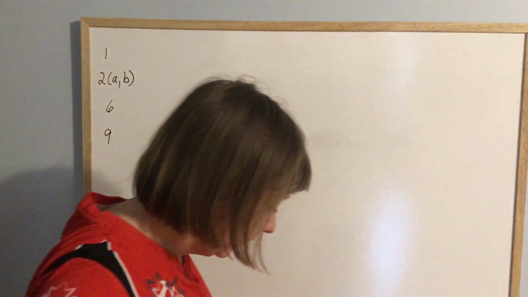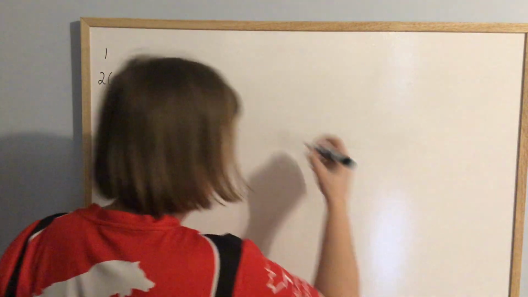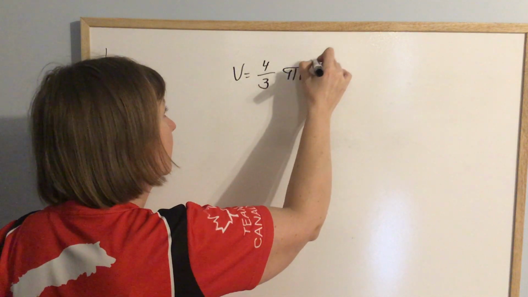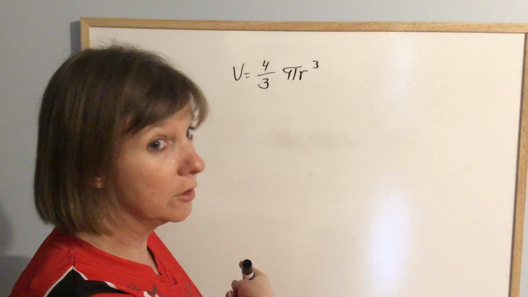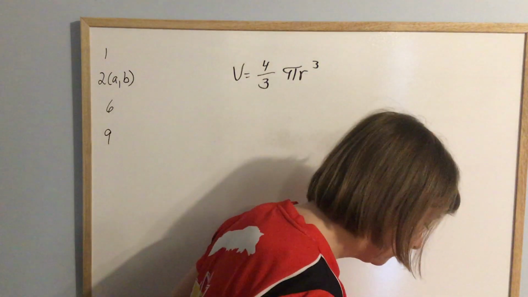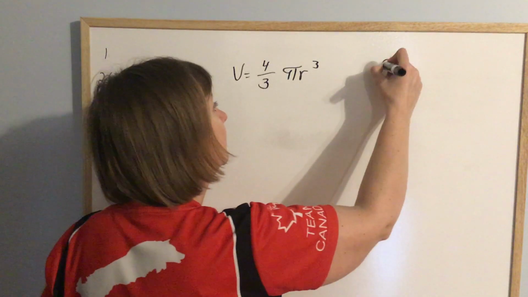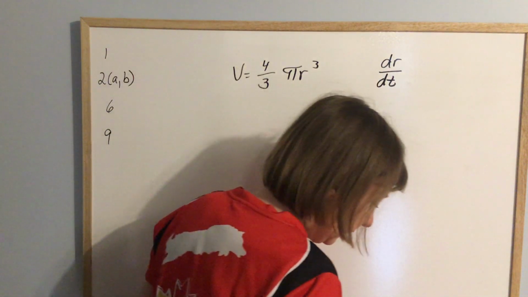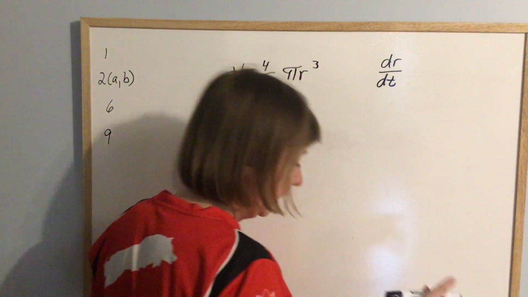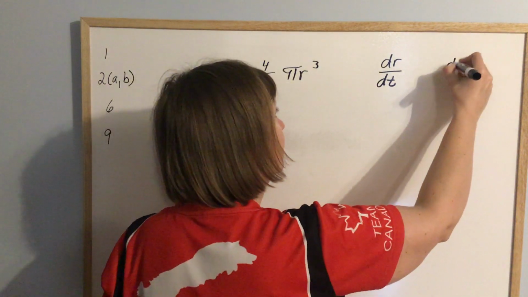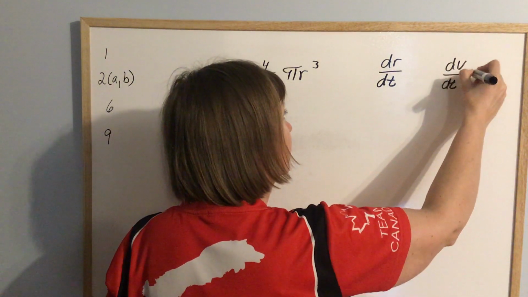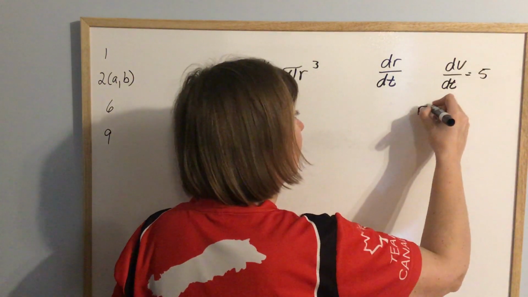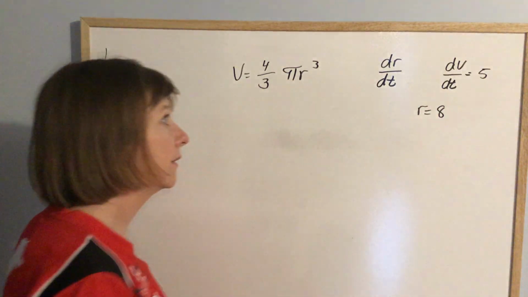So 2a says if you are given that volume is 4 over 3 pi r cubed, volume of a sphere by the way, find dr over dt if, in A, dv over dt is 5 and r is 8.